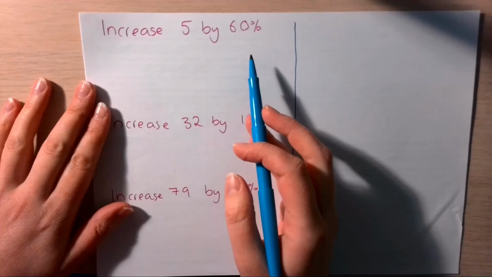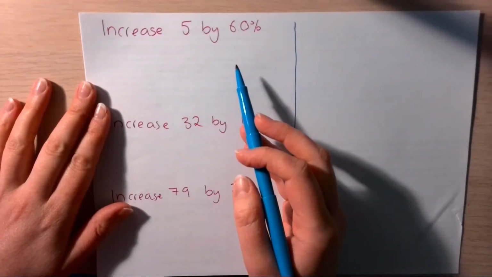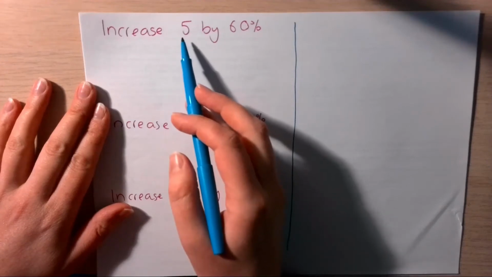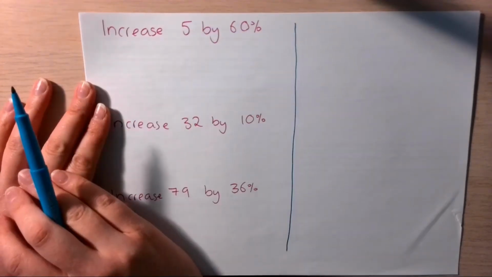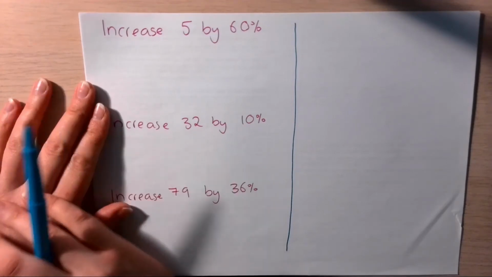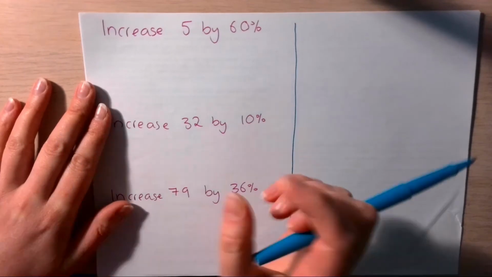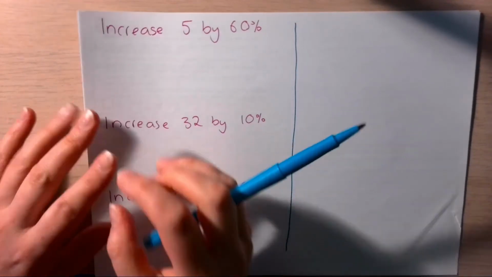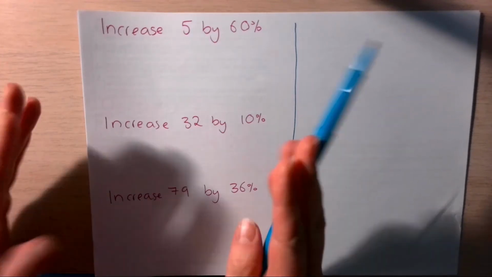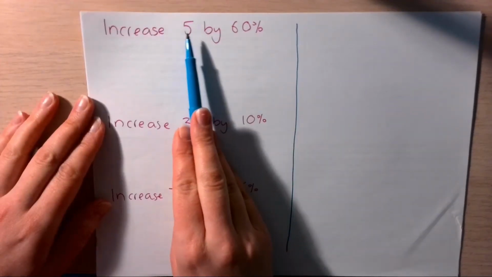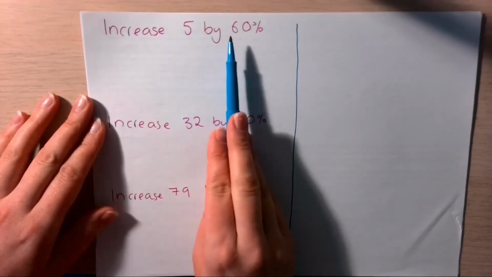We're actually going to have 160%, because we want the entire thing we started off with, which is 100%, and then we're going to have 60 more percent. So we want 160%. Whereas when we were decreasing we were looking at quite a small percentage, this time when we're increasing we're always going to have something over 100%, because our original starting number is 100%, and then we're adding on whatever we've been given.